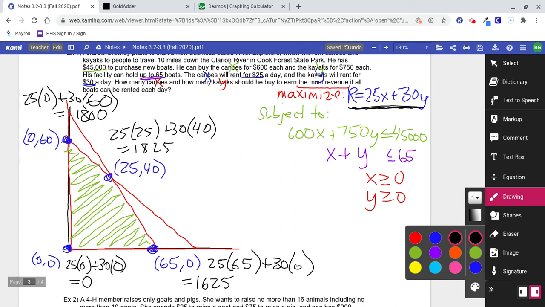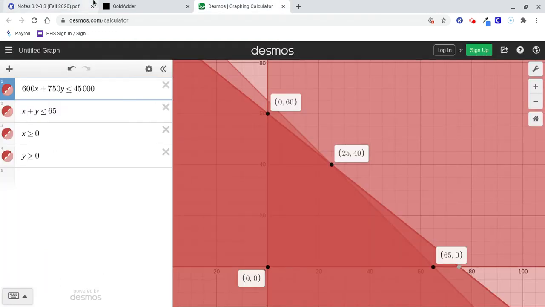After that, yes, question? Why is that 60 at the top? Why is that not 65? Because this corner point where this intersection is 0, 60, right? If you were looking at this point, that's 65, but that's not in the region that we're looking at.